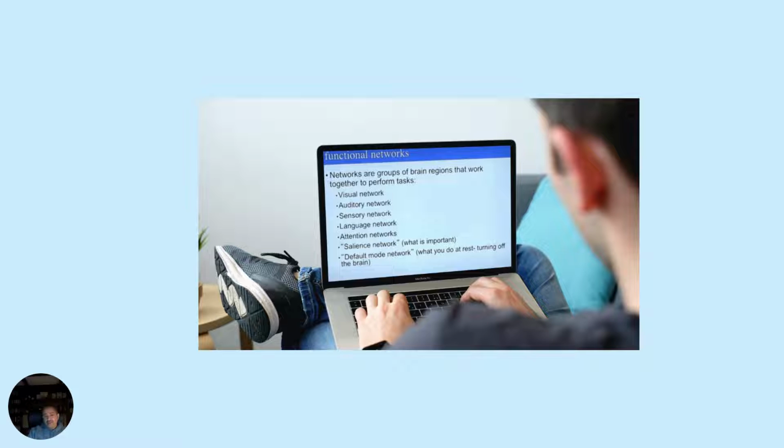Functional networks, we'll talk about that. Networks are groups of brain regions that work together to perform tasks. You can think of these pockets of the brain as working together to perform certain tasks.